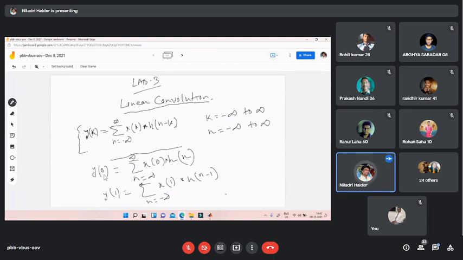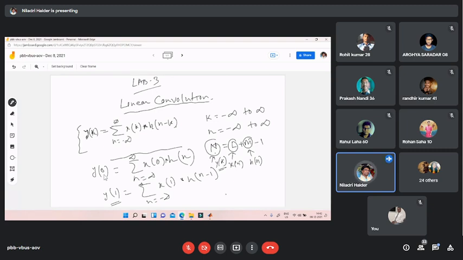And the length of the output y was defined as n equal to L plus m minus 1, where L was the length of one sequence, suppose xn, and m was the length of another sequence, that is hn. So the lengths of the two sequences minus 1 define the length of the output sequence yk. That was the linear convolution we did in the last class.